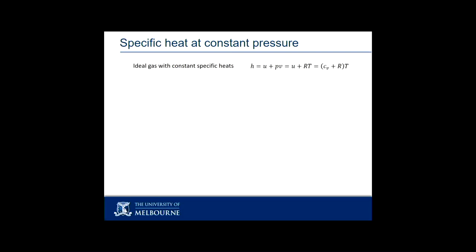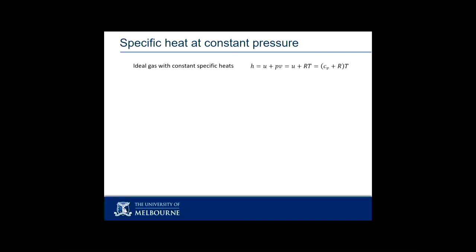So if the problem specifies to you, use constant specific heat, that's great. Use one value for specific heat. There are other options for how you determine that number for CP or CV. And there's also an entire approach for what happens if I'm covering such a big change in temperature that none of these rules are accurate enough and I need to account for variable specific heat. So we'll get to all of that.